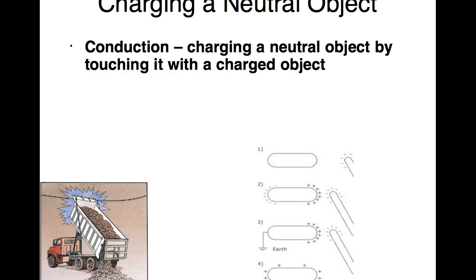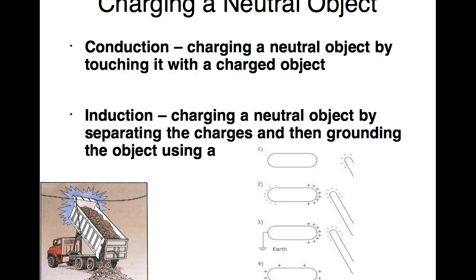You're charged, and the person you touch is neutral. On the other hand, induction is charging a neutral object by separating the charges and then grounding the object. That would be like a lightning rod.